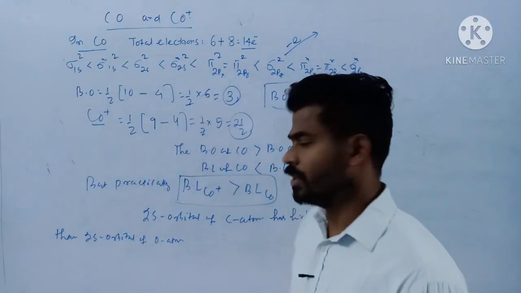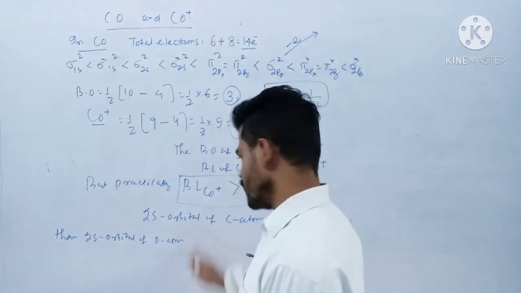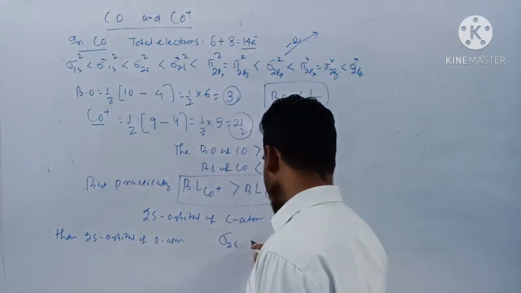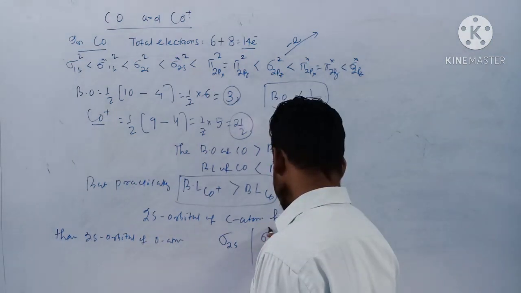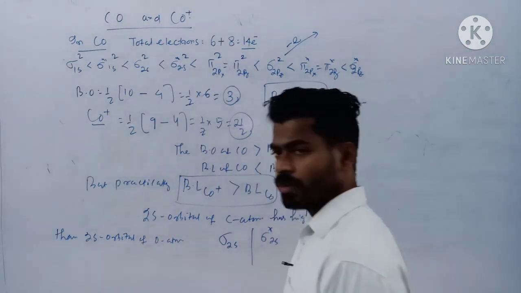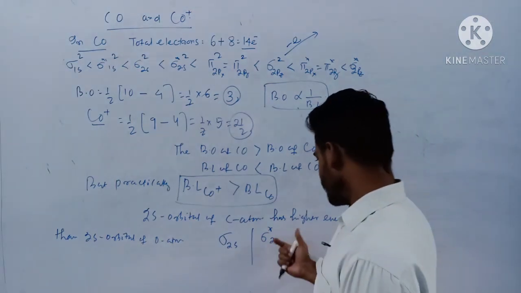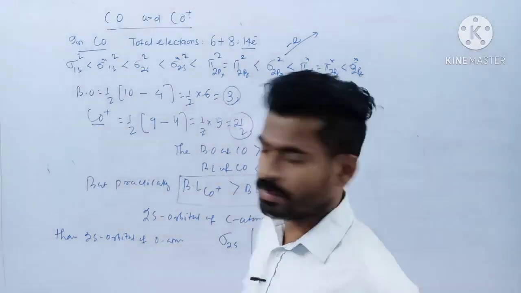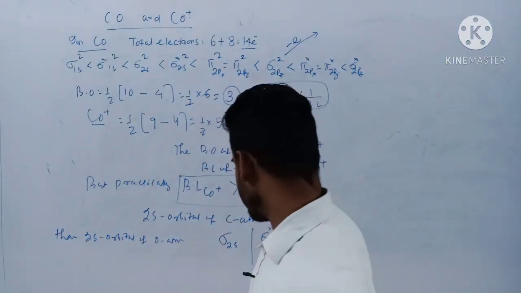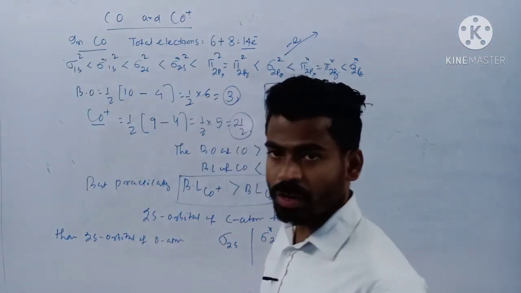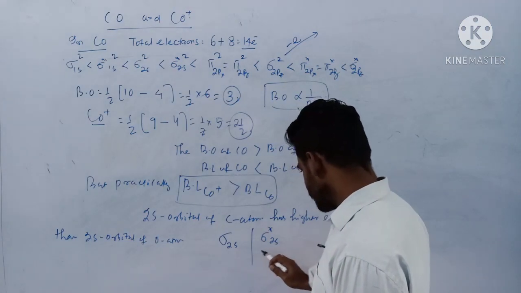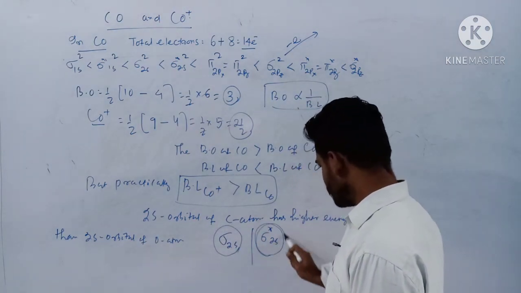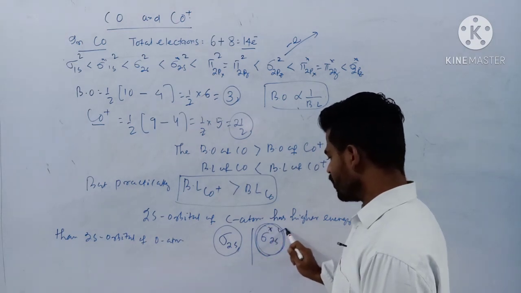So what happens, this 2s and 2s combine to form a bonding molecular orbital, that is sigma 2s, and an antibonding molecular orbital, that is sigma star 2s. Due to the lesser energy of the 2s orbital of oxygen atom than that of carbon atom, whenever they combine, this sigma 2s becomes stable, and this antibonding molecular orbital sigma star 2s becomes highly unstable.